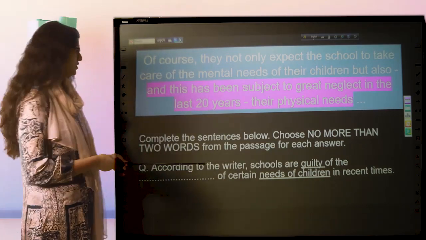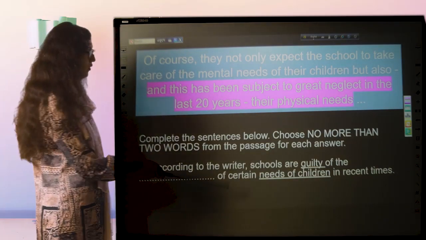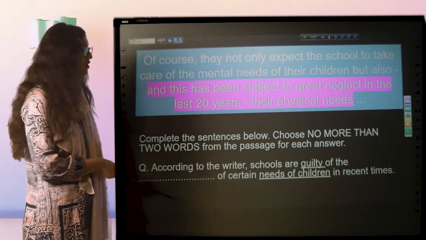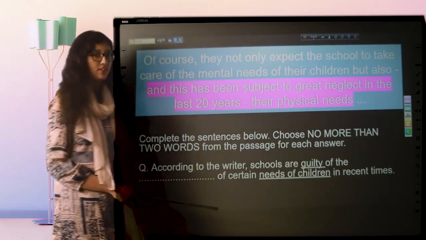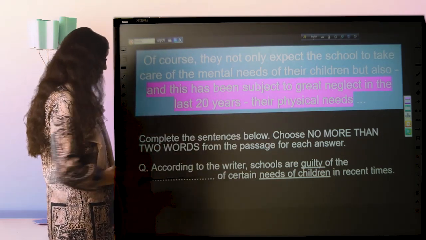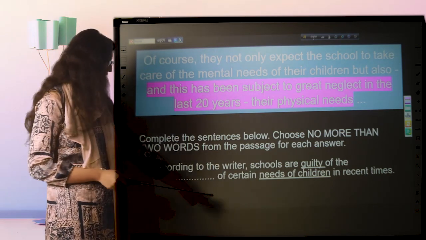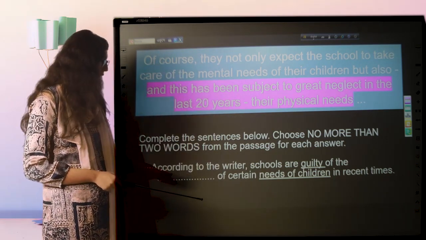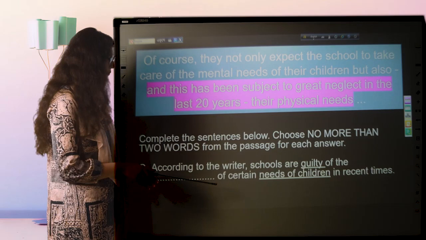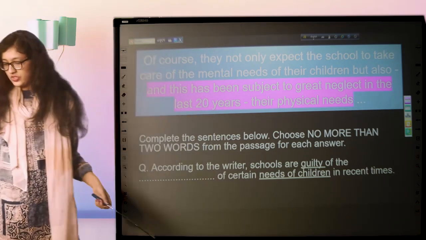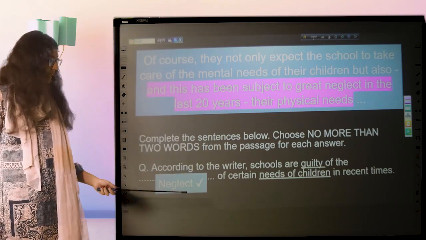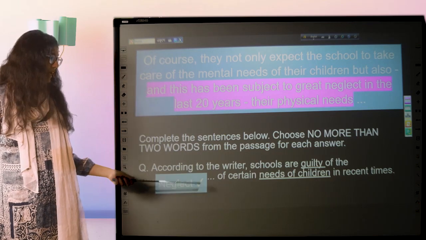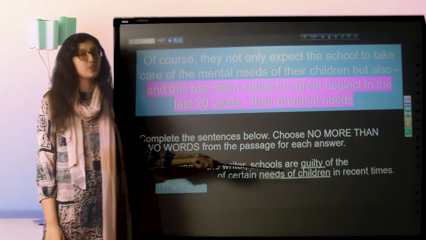Okay? So, according to the writers, schools are guilty of neglecting. So over here, it can't be neglecting because it says of, so it's definitely a noun. So it will be neglect. So the right answer here is neglect. So guilty of the neglect of certain needs of the children.